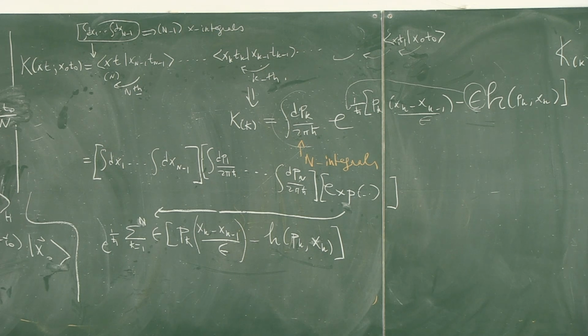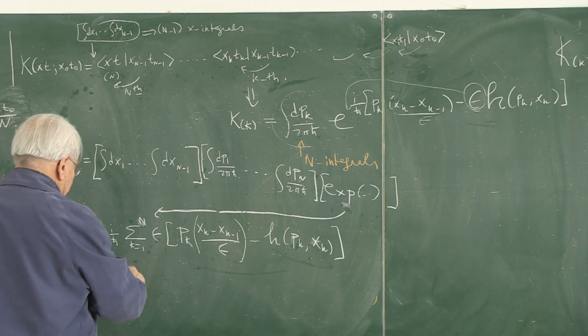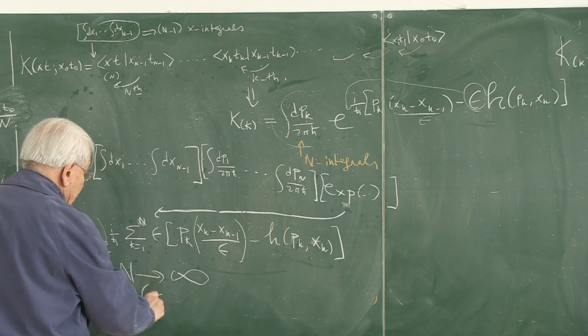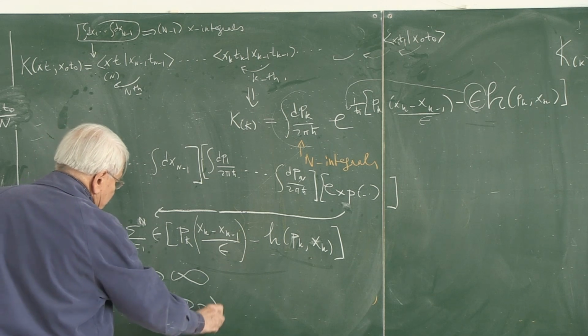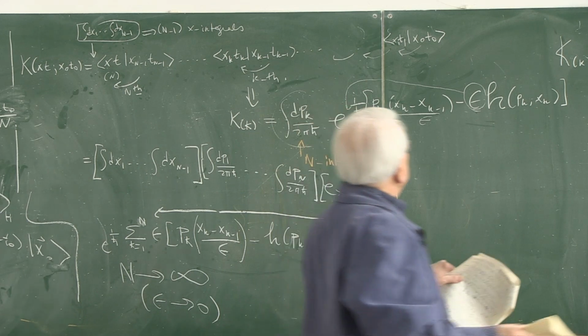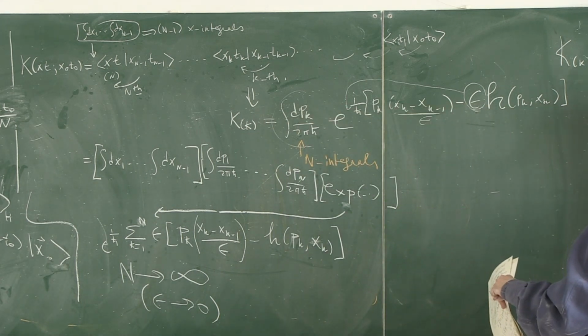But the basic principle of calculus is that at the end of the day, you have to let the number n go to infinity, or equivalently, you have to let the length of the infinitesimal subintervals go to zero. Right? That's the basic principle. If we do that, what do we get? That's what we have to do in order to get a sensible result.